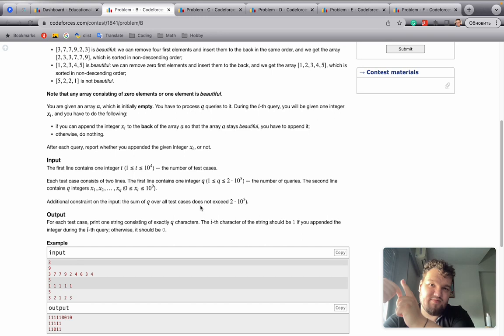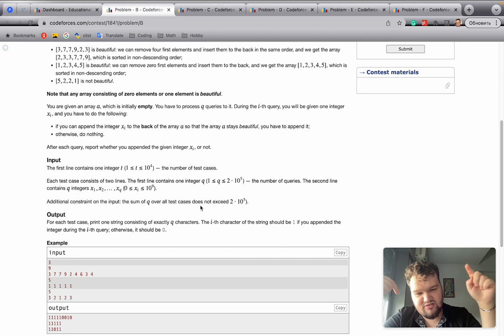So at first we will have some sorted prefix. Then we can try to add a number that is smaller than the last one. And if it is also not bigger than the first one, we can do that.